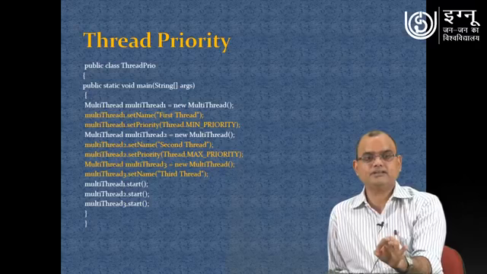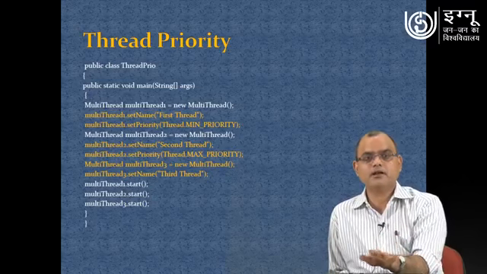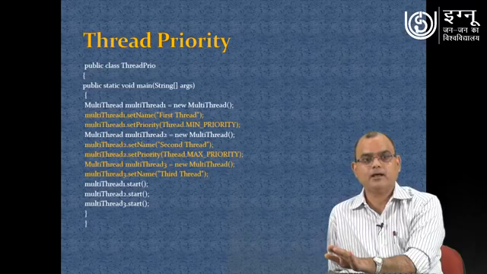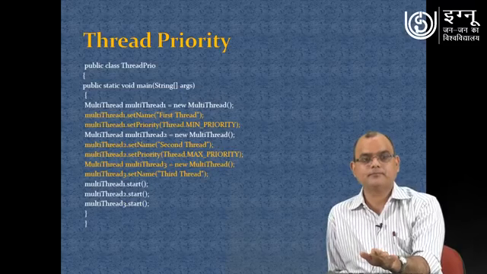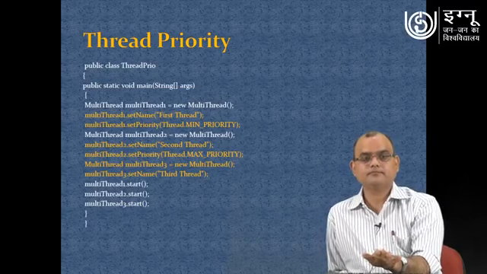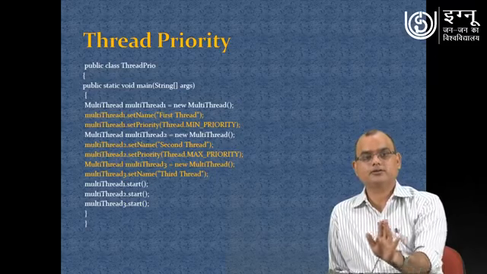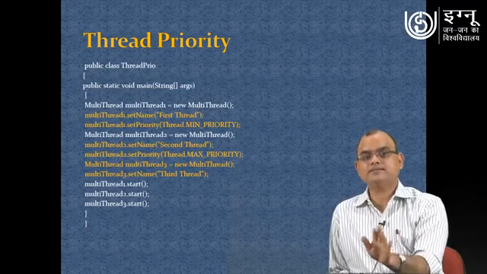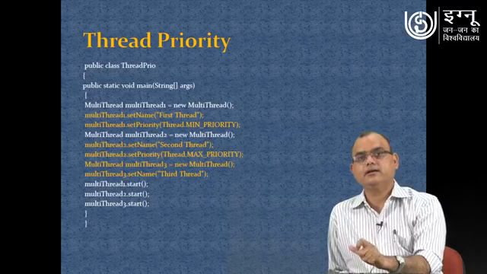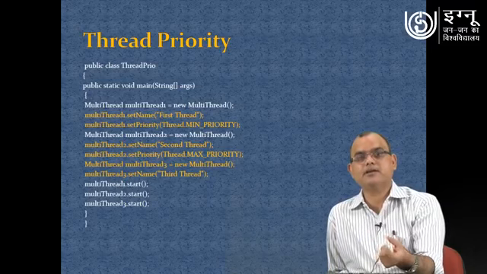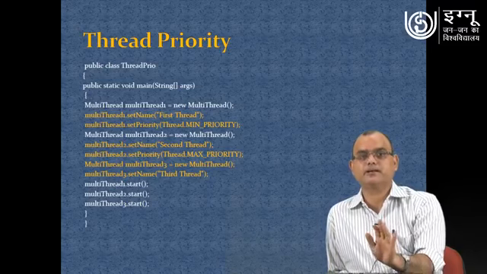So these 2 things we have done, and in the third one we have again provided a name, but we have not provided any priority. So the third one is going to be assigned the default priority provided by the Java programming environment.